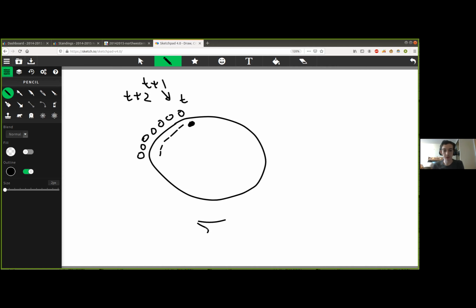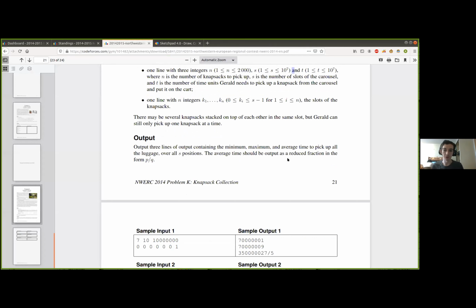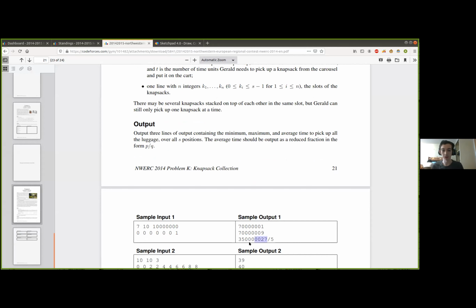So essentially we have the sum of t plus i for i equals 0 to d minus 1. And then it's just simple math: t d plus d (d minus 1) over 2. If you have the sum of all times, you then divide the whole thing by s. And to get it as an irreducible fraction, you just divide both by the GCD.